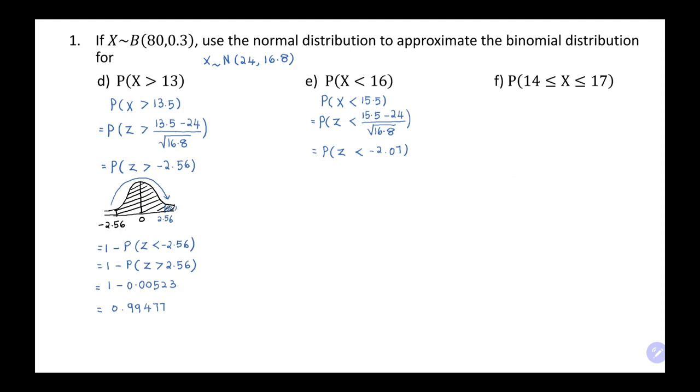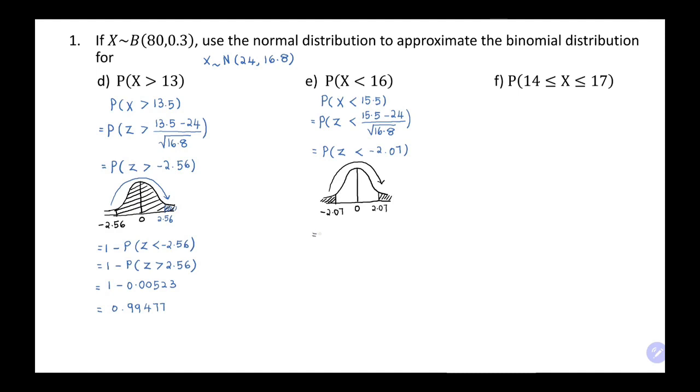We need to change. We sketch the normal curve. Negative 2.07 and Z less than is to the left. So this area, and this area we know is the same as this area, 2.07.